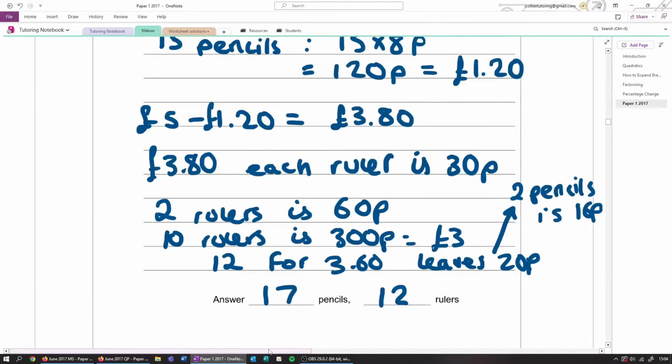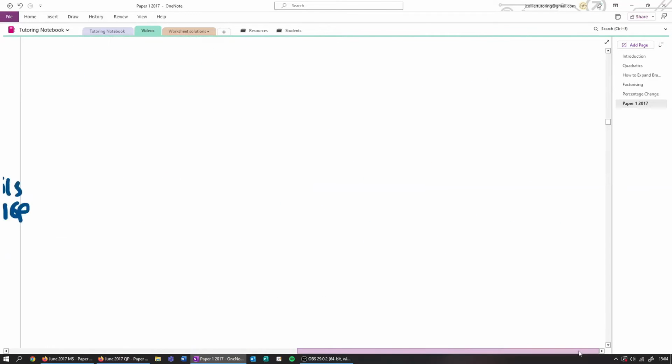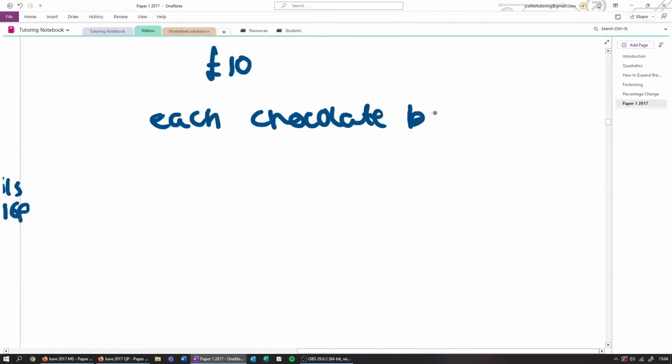So this question is quite a common type. It comes into something called modular division, which I'm not going to go into now, but it's basically how many times can I divide a number before I can't divide it anymore. So what I mean by that is, let's say I gave you £10 and I said each chocolate bar is £3.